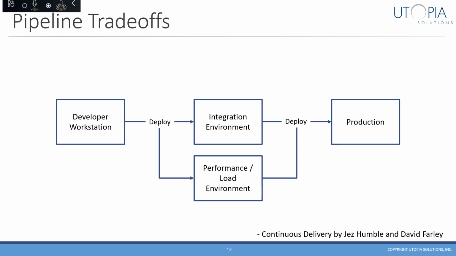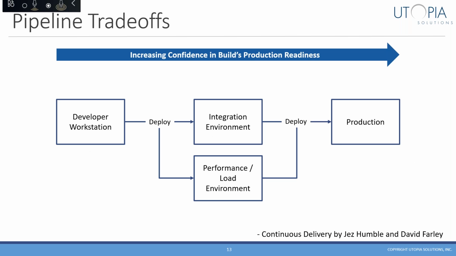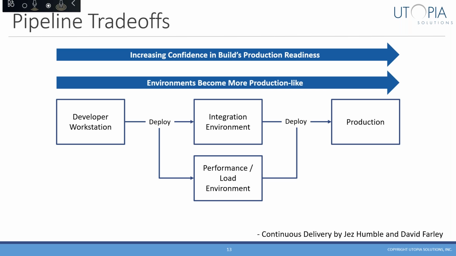But before we get into a detailed conversation about what the right test suites and right tests are, let's look at some of the trade-offs we encounter in a DevOps pipeline. As we go further down the pipeline, hopefully anyway, we have an increased confidence in a build's readiness for deployment. And typically those environments become more production-like. The trade-off is as those test environments become more complex, the time that it takes for those tests, again, at least typically, to give us the feedback increases.